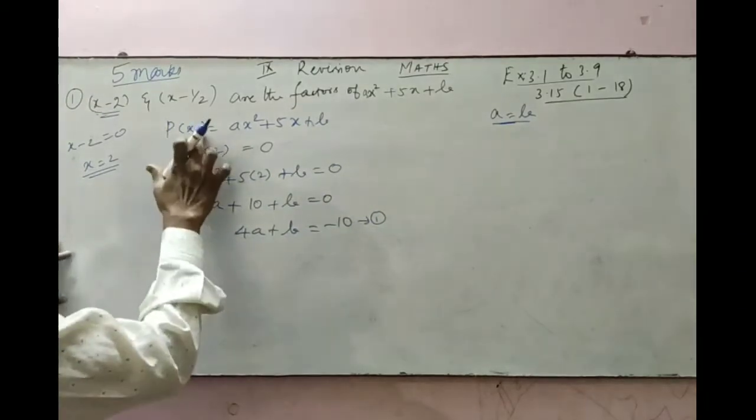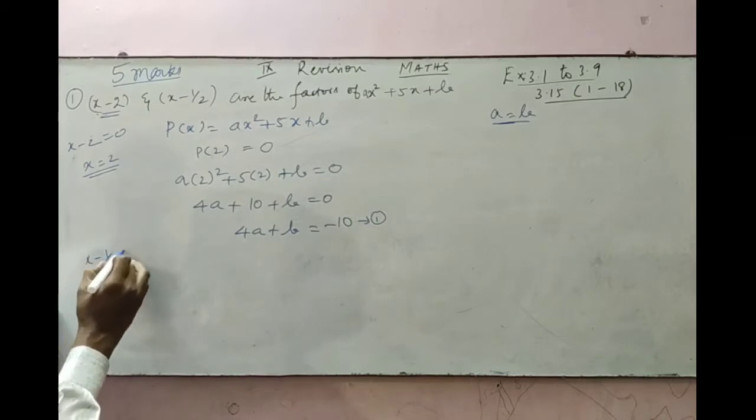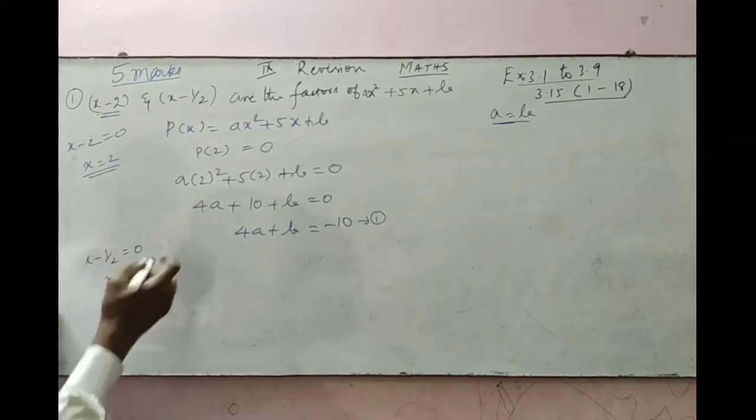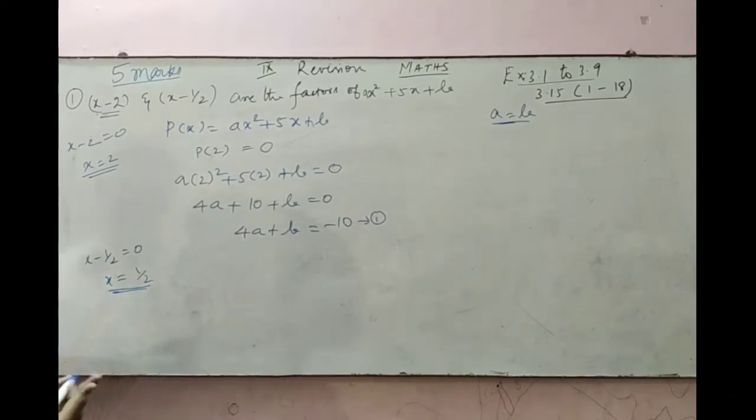Again in the p of x, I am going to substitute x as 1 by 2, because x minus 1 by 2 is a factor, meaning minus 1 by 2 transposes as plus 1 by 2.